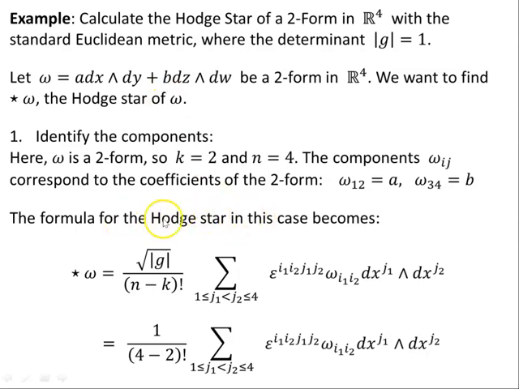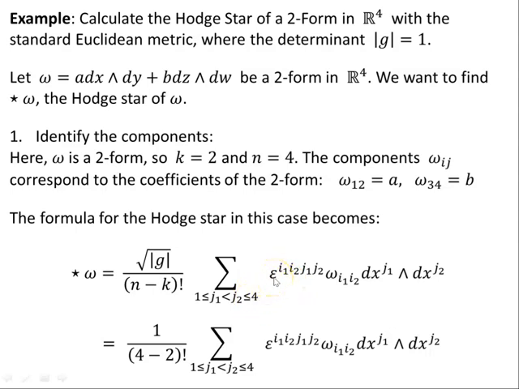Now the formula for the Hodge star in this case becomes star omega equals the square root of the determinant of the metric, which will just be that diagonal matrix, over n minus k factorial, and then a sum from 1 to 4, because we have four dimensions.